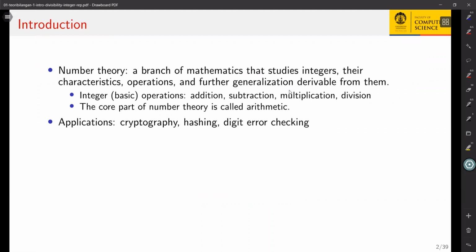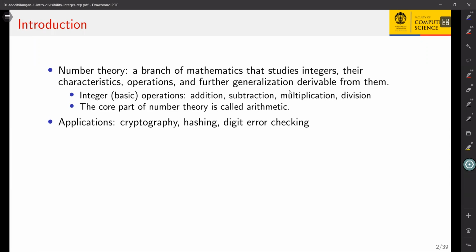A lot of applications in computer science, I mentioned a few here, cryptography, hashing, digit error checking, are applications that need foundations in number theory. Because, for example, when you want to secure a message or you want to encrypt a message, the computations involved in cryptographic applications are essentially based on a lot of results from number theory.